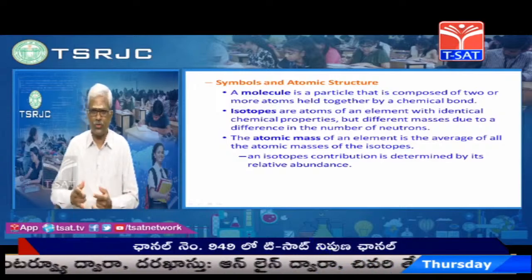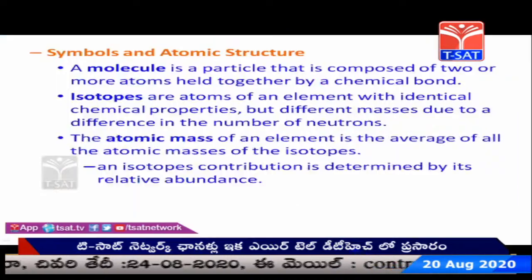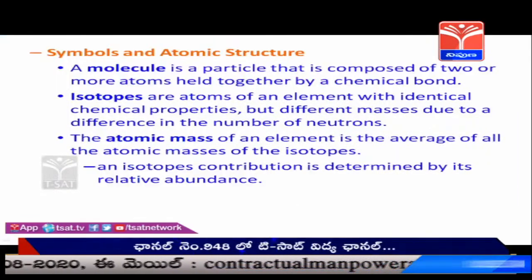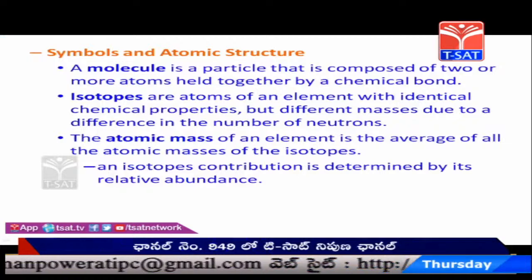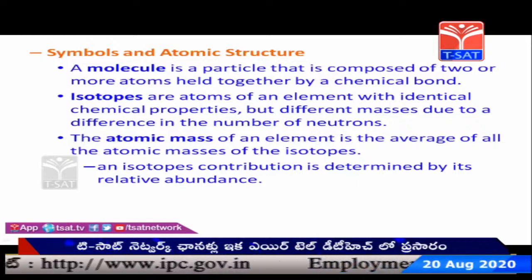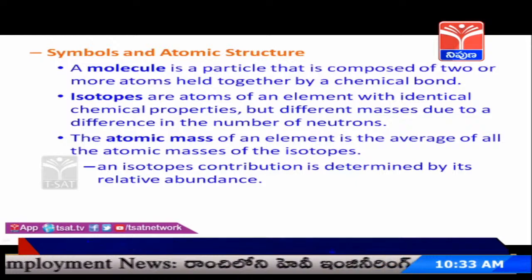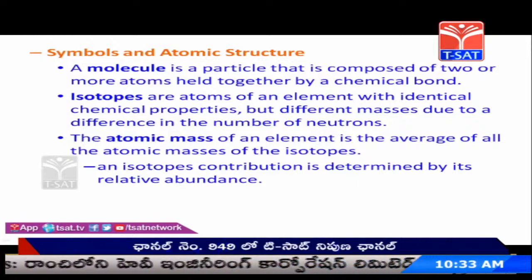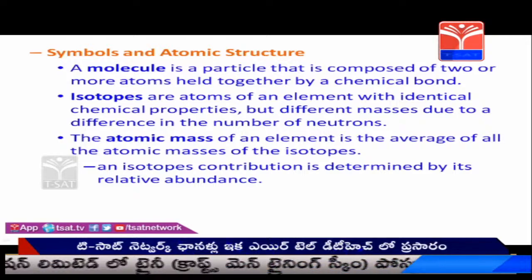Now, what are isotopes? Already I mentioned isotopes. Isotopes are the atoms of an element with identical chemical properties but different masses due to the difference in the number of neutrons. So, isotopes and atomic mass, these things we will discuss when we deal with atomic structure.